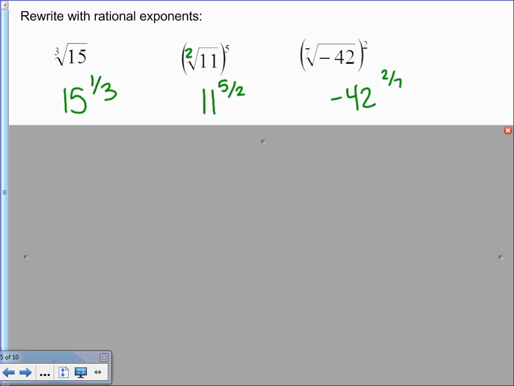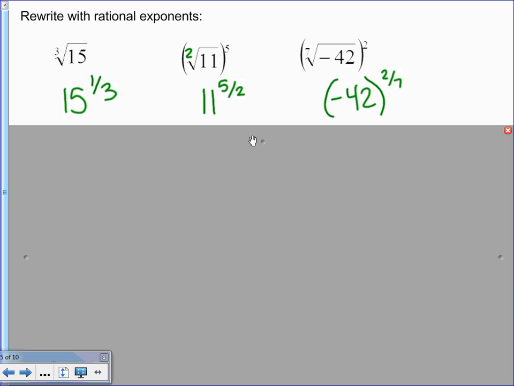And there's one extra thing that I need to add to this particular problem. Because I want to take the 7th root of all of negative 42, I need to include the negative in parentheses. So that when I would rewrite that, if I were going to do the 7th root, I would put the 7th root over all of negative 42, not just 42. Okay, so parentheses are important there.